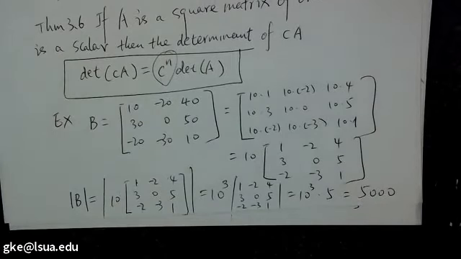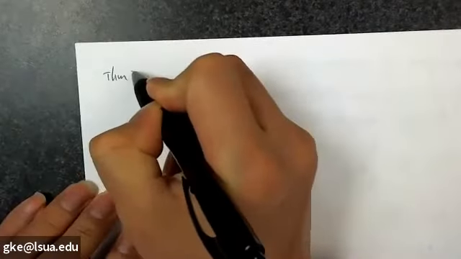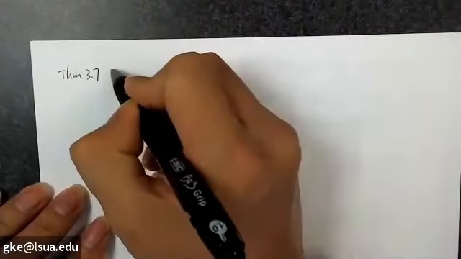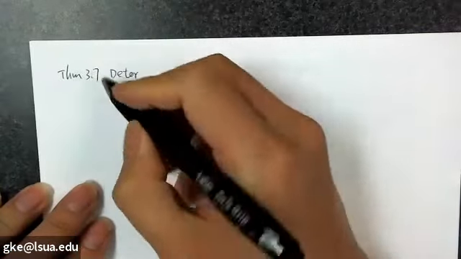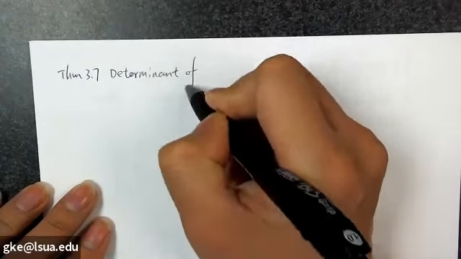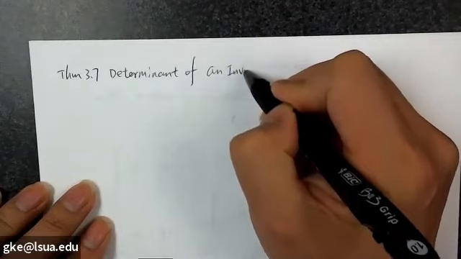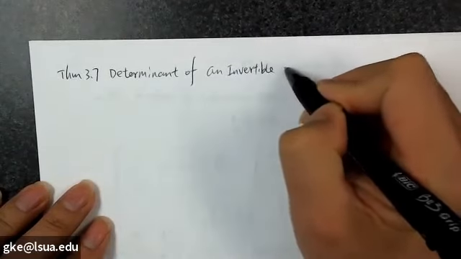So let's take a look at another theorem. Theorem 3.7: Determinant of an invertible matrix.